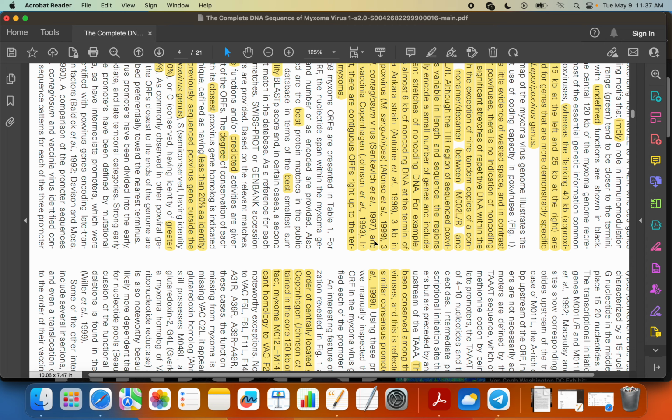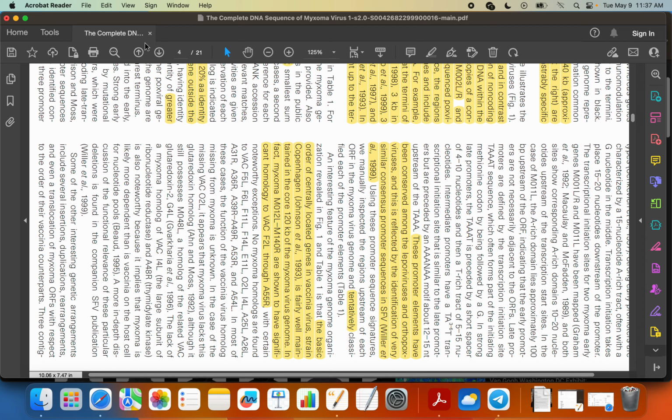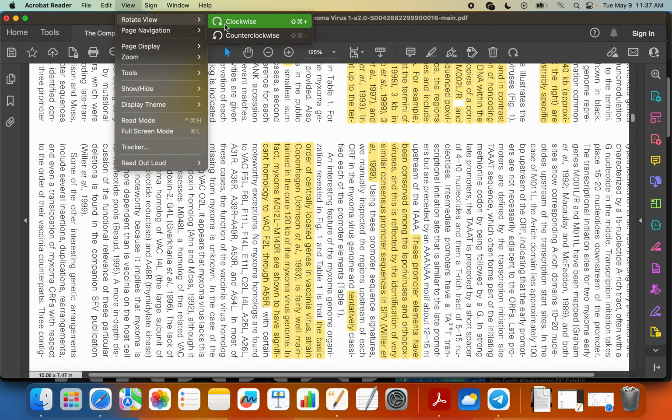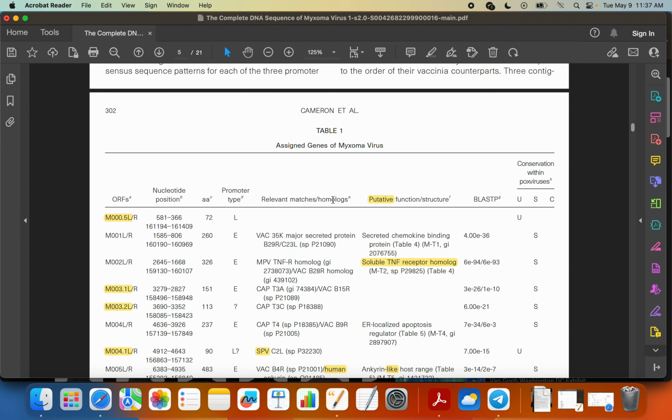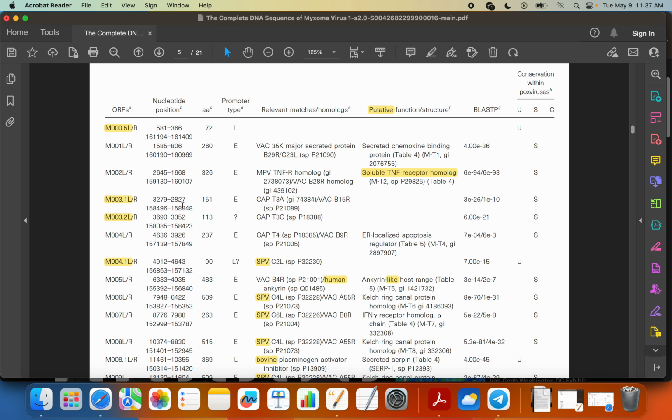Okay, so now let's go to the table. So I have to change this view. So this is the table that shows all the genes, the proteins from that chart.